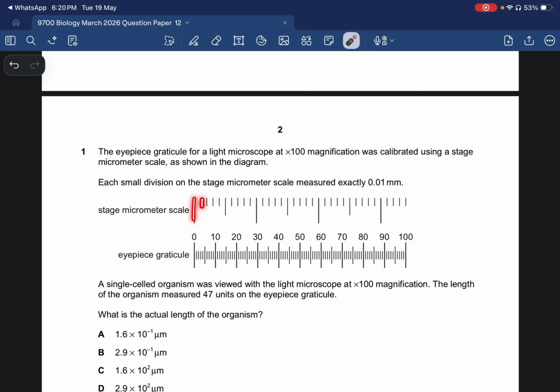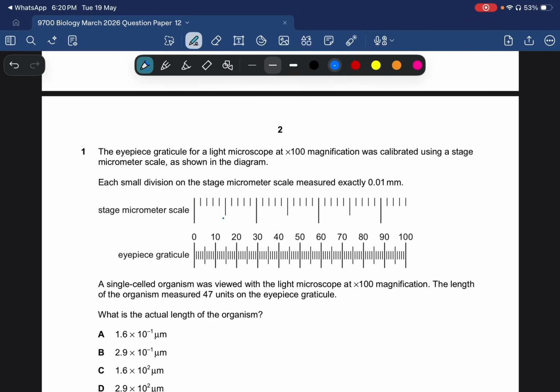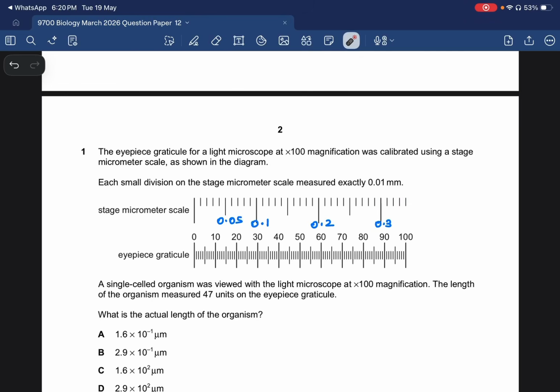So if this is 0, then this is 0.01, 0.02, 0.03, 0.04, 0.05, and so on, and eventually this is going to be 0.1 millimeters, then 0.2 and 0.3 millimeters, and so on.